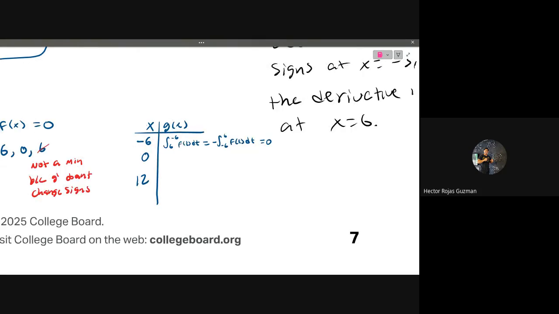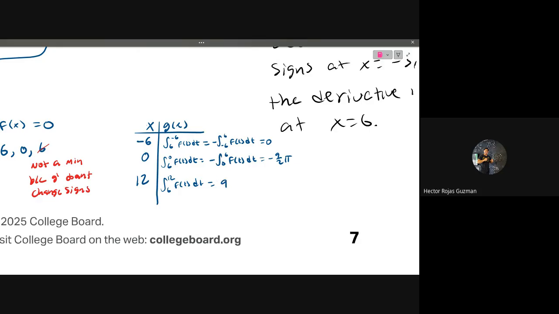It's 0, because of symmetry. Okay. The integral from 6 to 0. Got to flip it around. But didn't we already do this one? We did. And then finally, the integral from 6 to 12 dt. The answer here would be 9.